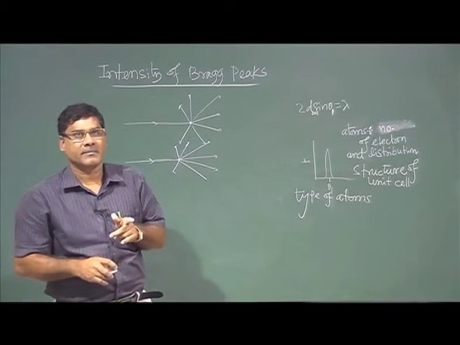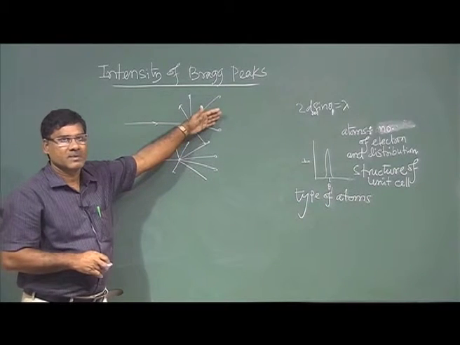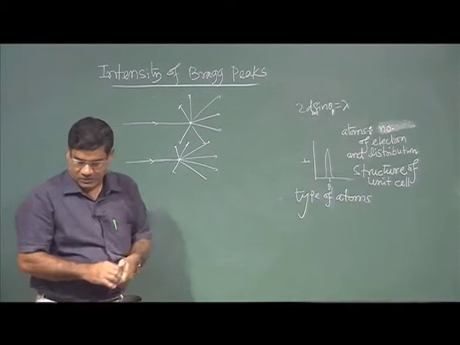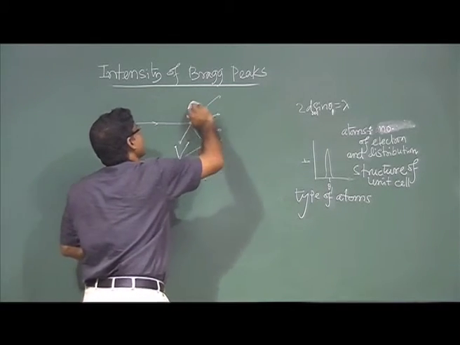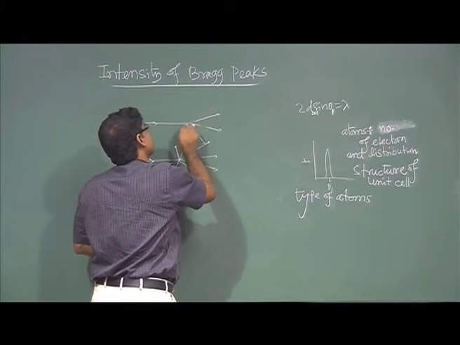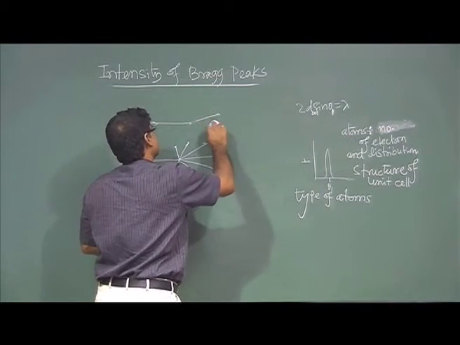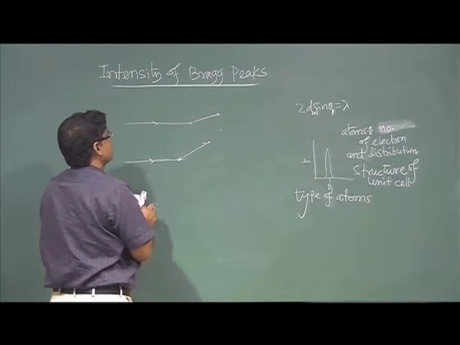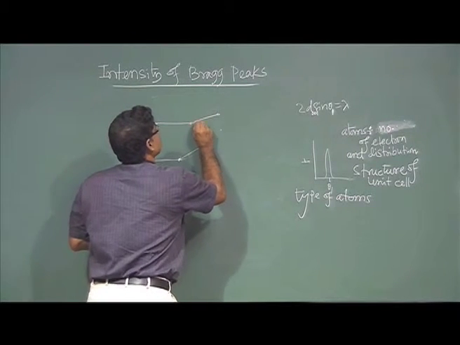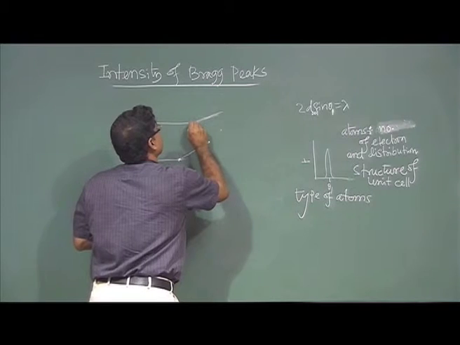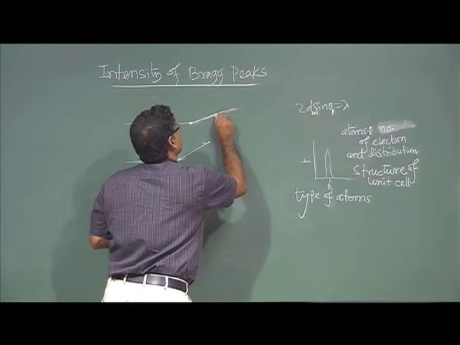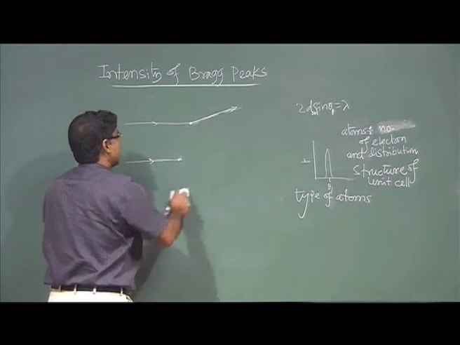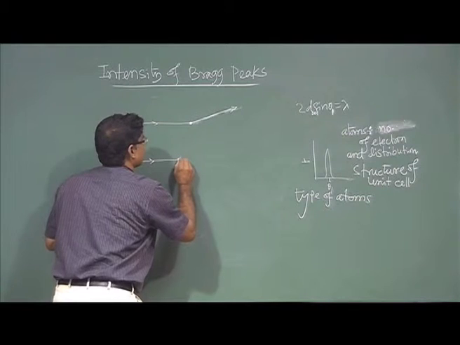So now these scattered X-rays will interfere. If I look at a particular angle, the interference effect, okay. So just at this angle, 60.